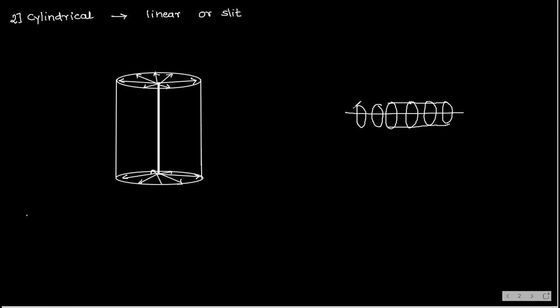So this is one cylindrical shape of the wavefront. Is that clear?